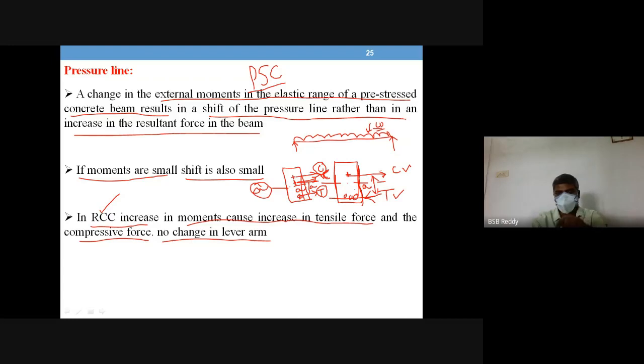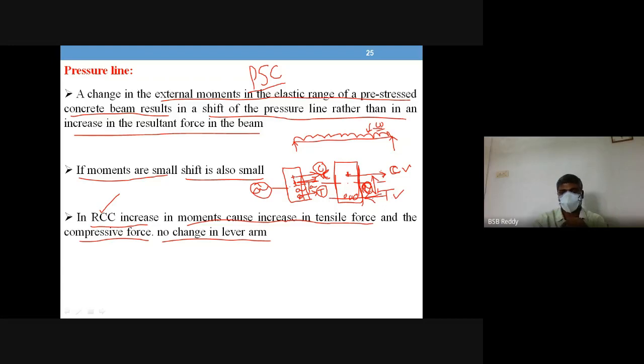Whereas in the case of RCC, the lever arm is fixed because the CG of compression is fixed. Only the tensile force and compressive force will change. Forces will increase. Okay, that is the difference.